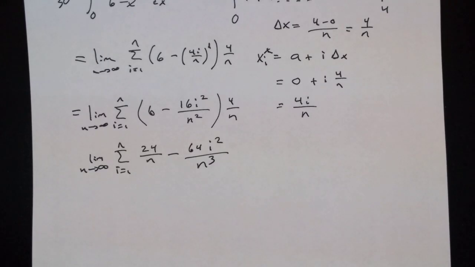Now, I split this into 2 separate sums: the 24 over n, separate from the 64 i squared over n cubed.